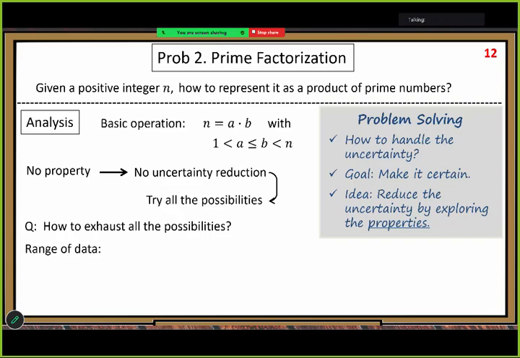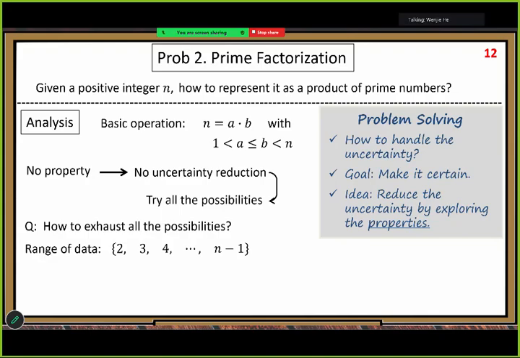Range of data. Let's list all the cases. For A and B, we choose from this range. Because 1 is excluded, strictly greater than 1, the smallest number we can choose for A is 2.